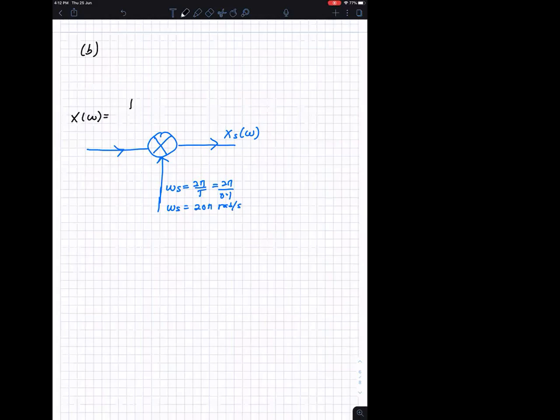It is 1 over 1 plus j omega, plus 1 over 1 plus j omega, the same thing. And the sampling interval, the sampling time, is 1.